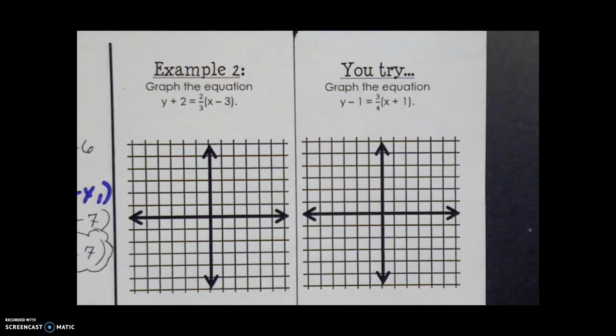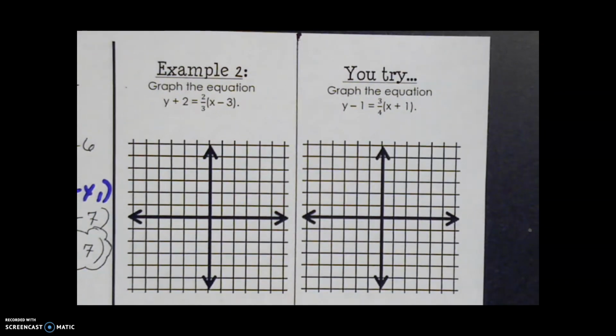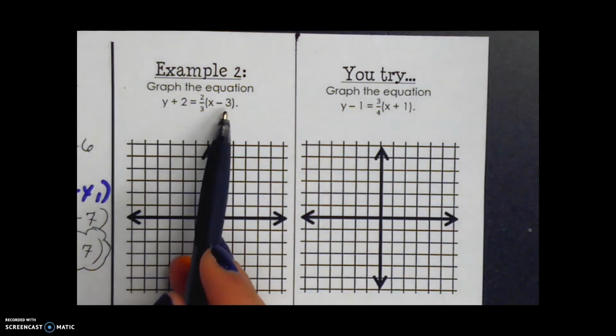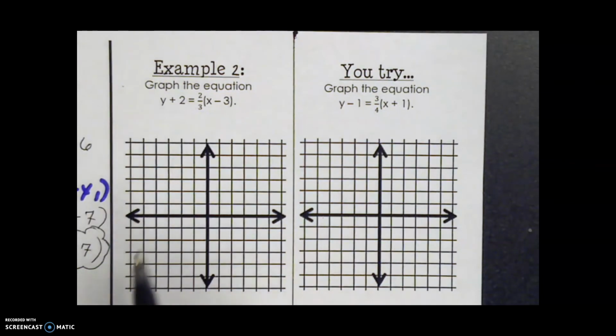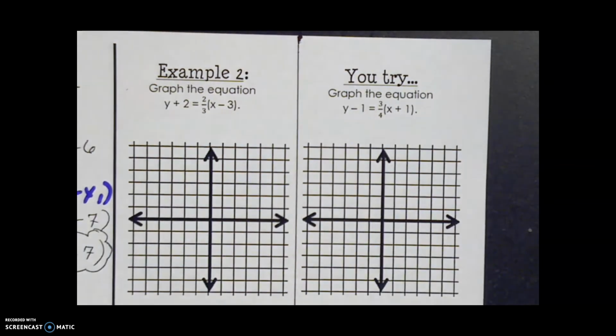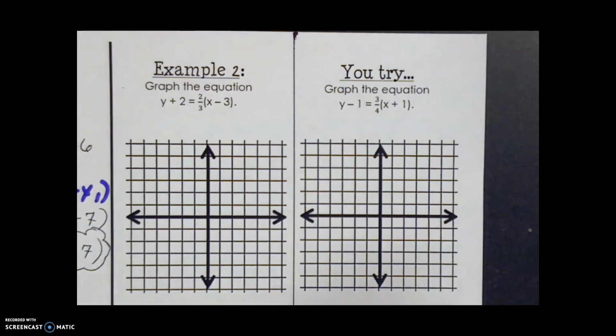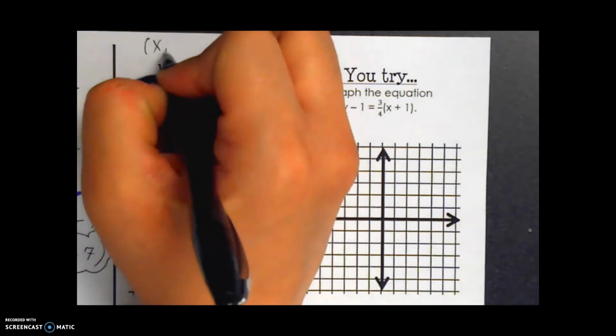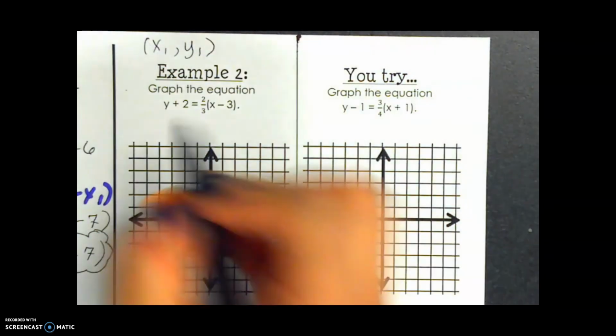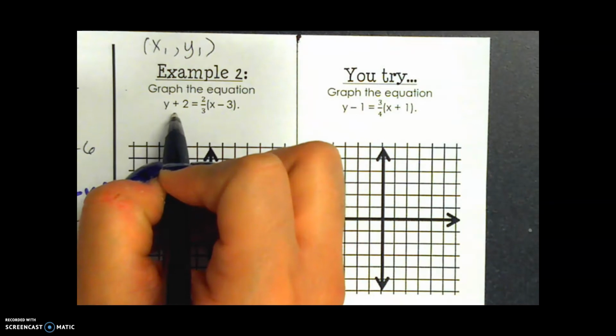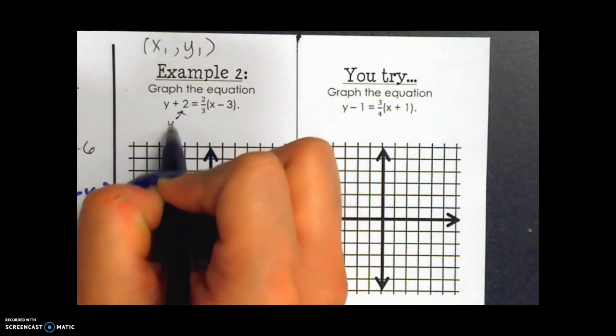Example number 2. We're going to graph this equation now. The way we're going to graph it is we are going to try to figure out the point and then the slope, and then we'll have to plot that on our graph. So our point, remember, it was x1, y1. Well, over here is my y1.